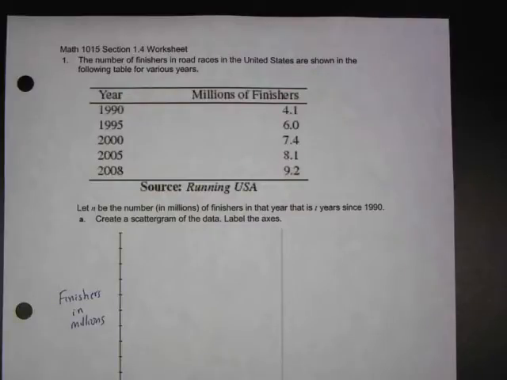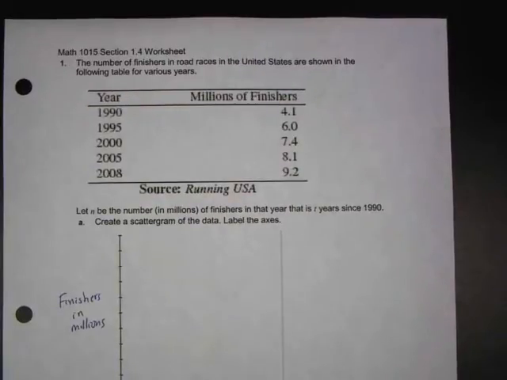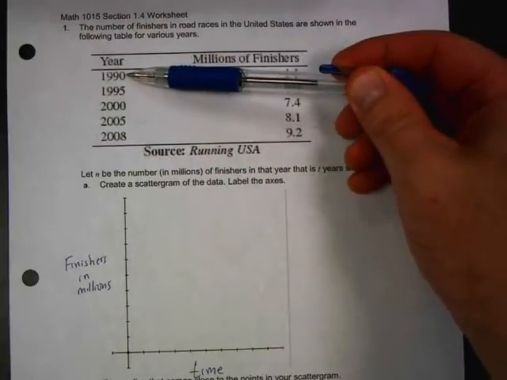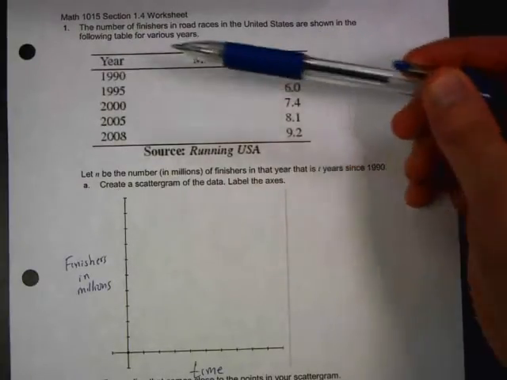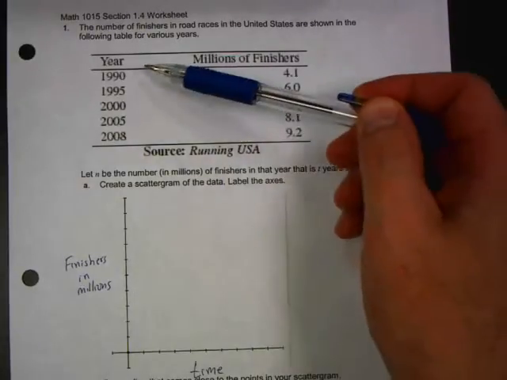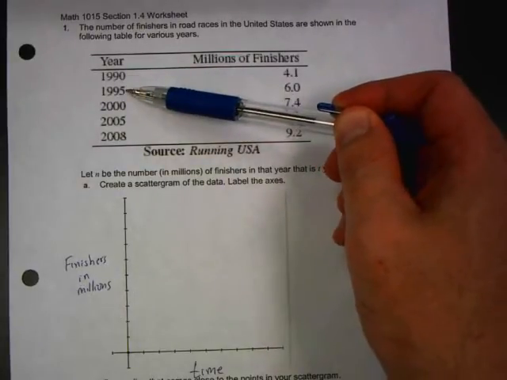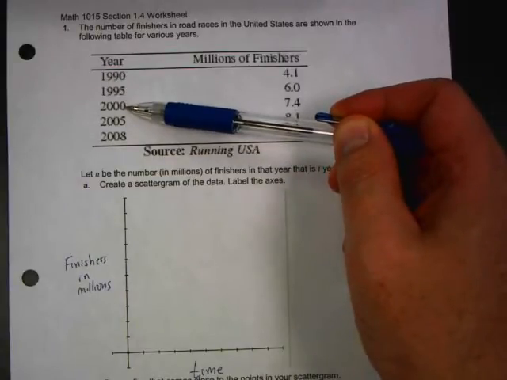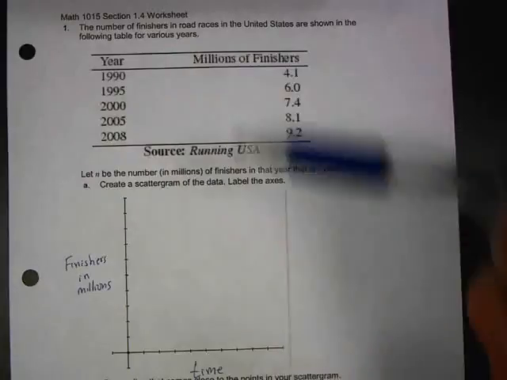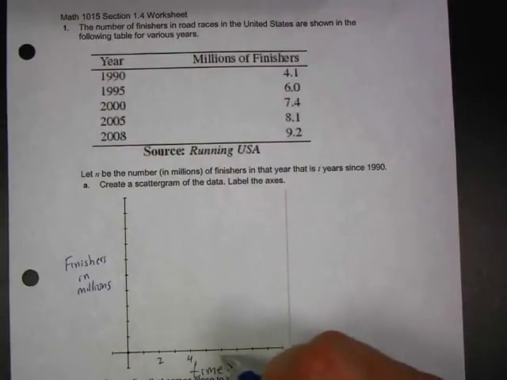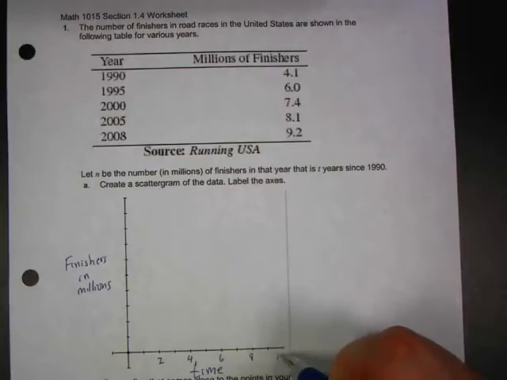Now, notice it does tell us that our year is 1990, and T is going to be years since 1990, which means 1995 is going to be year number 5, and that's year number 10. So I'm going to do what you said, 2, 4, 6, 8, 10.